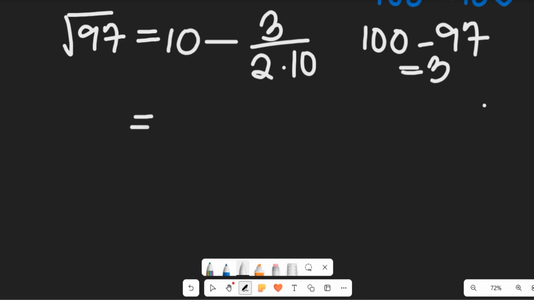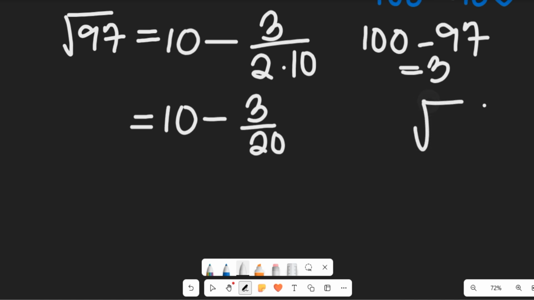This gives us 10 minus 3 divided by 2 times 10, which gives us 20. So our work here now is to find the value of 3 divided by 20. We will do it like this. Remember 3 will be inside and 20 will be outside, because 3 is divided by 20.